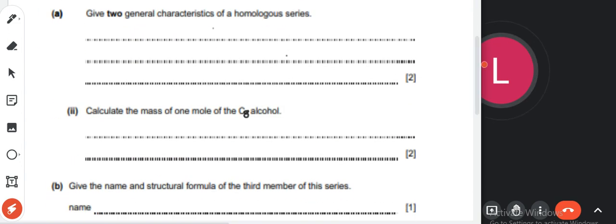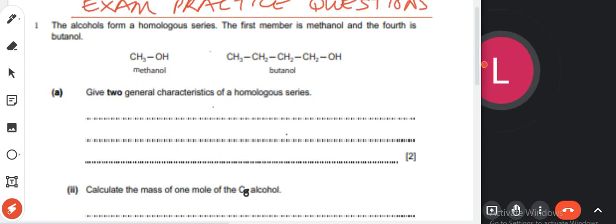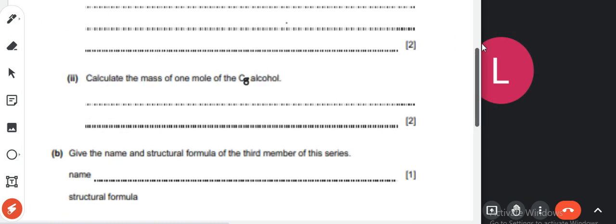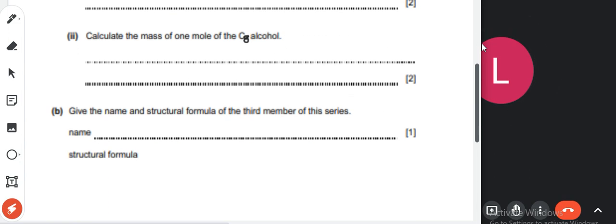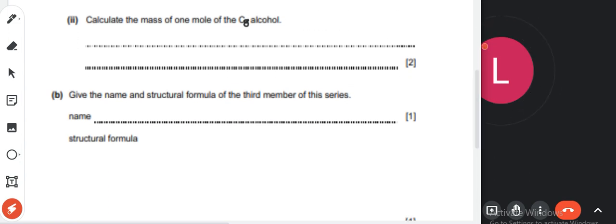Then it says calculate the mass of 1 mole of C8 alcohol, the one that has 8 carbons. We can form that, and then we'll be able to calculate the mass. You can get all these when we did stoichiometry, calculating molar masses and all of that.